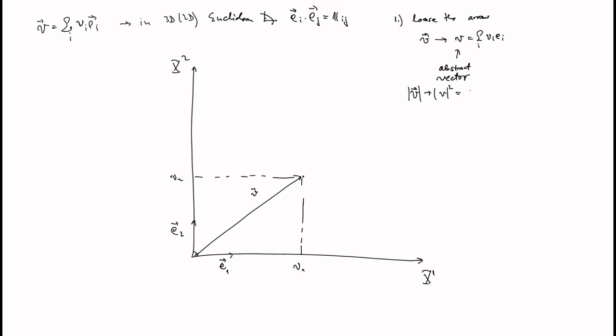How do you calculate it? You make a scalar product between the vector and itself, and what you get is a double summation v^i v^j e_i dot e_j. Now pay attention that I have basically used v^i e_i, and then again one other thing like that, but with a changed index. And this is very important.